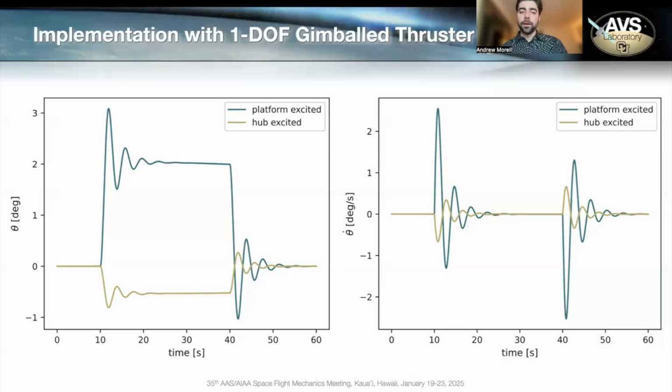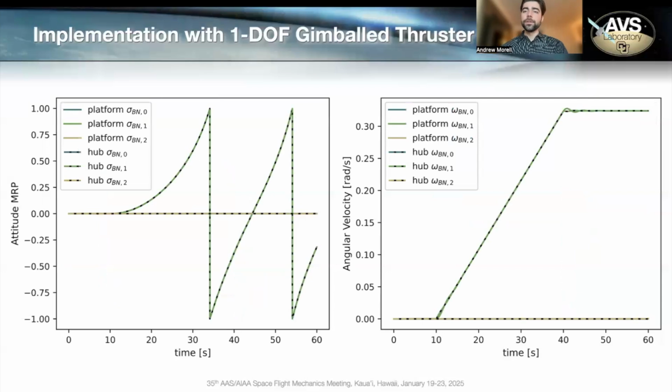And we see on the right here just the angle rate associated with this deflection, also showing opposite direction and larger magnitude. Here we also studied the hub states of our spacecraft. So we see the rotational states here.